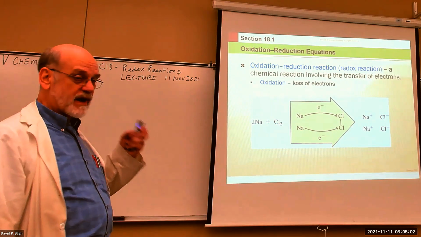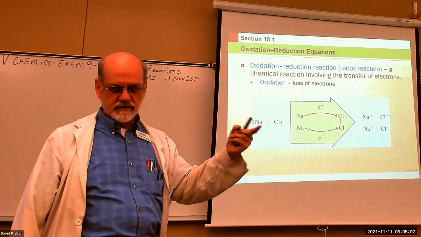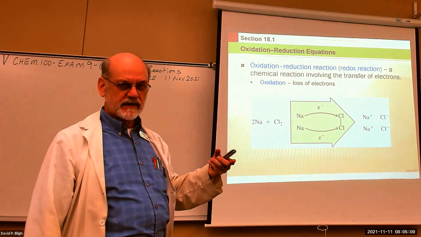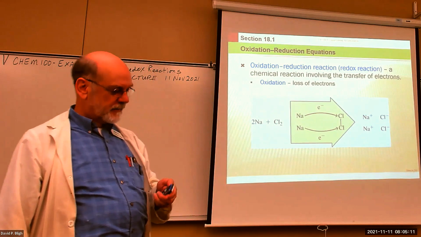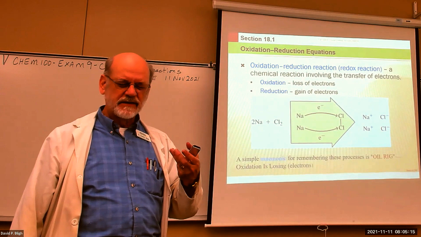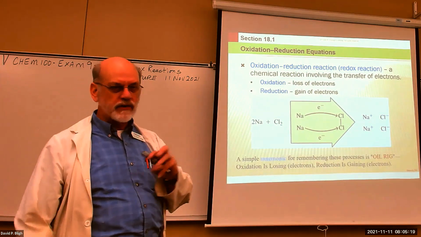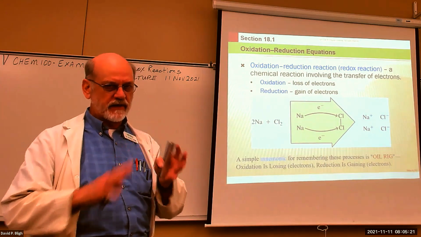Okay, what we mean by oxidation is anytime an electron is lost from an atom, it's called oxidation. And anytime the electron is gained by some atom, it's called reduction. And they always occur in pairs. You can't have one without the other.